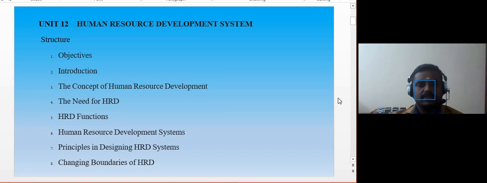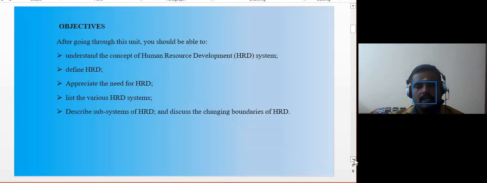Before entering into this unit, what is the development of human resource? As I already told you in the previous sessions, once we recruit the candidate, we must provide the selection, the placement, the training, and the performance appraisal of the candidate.